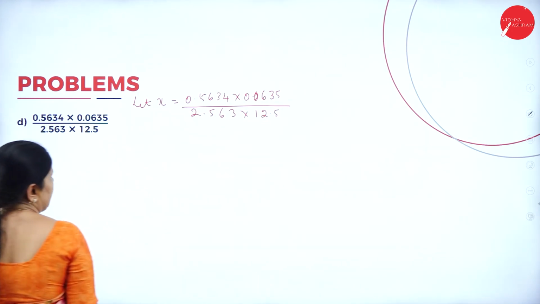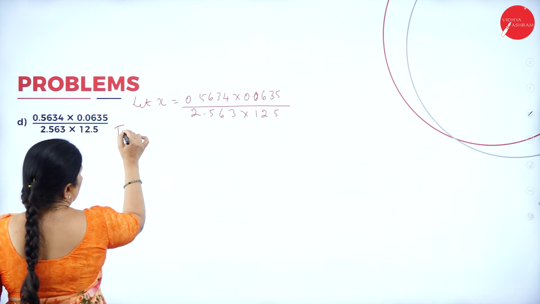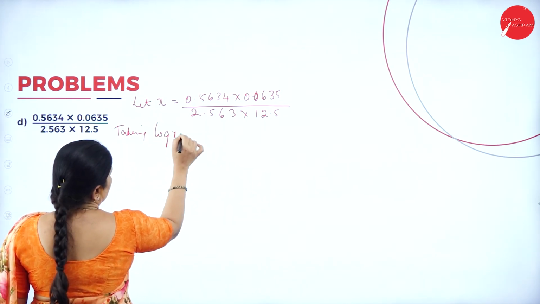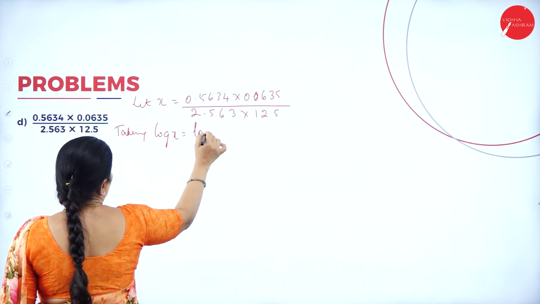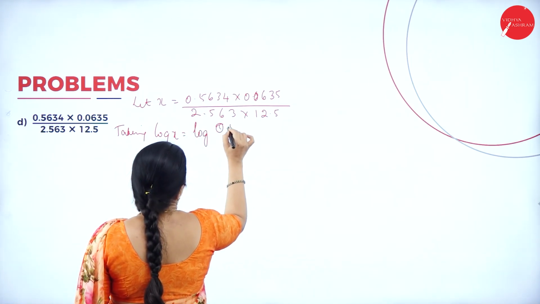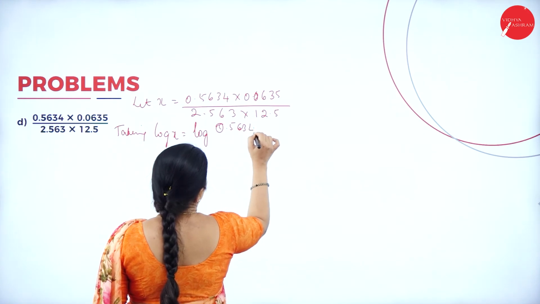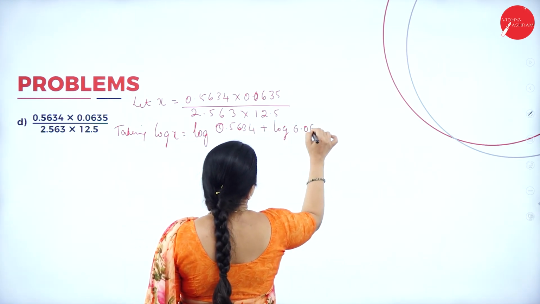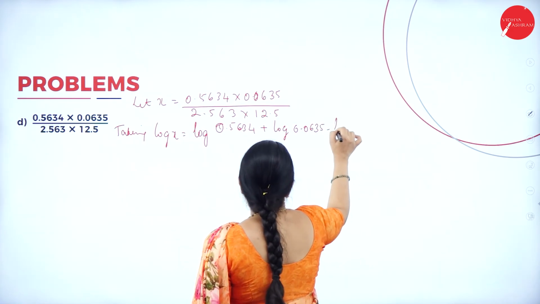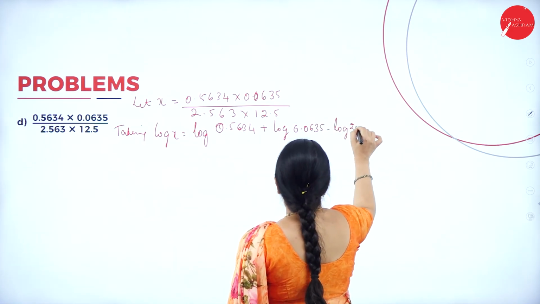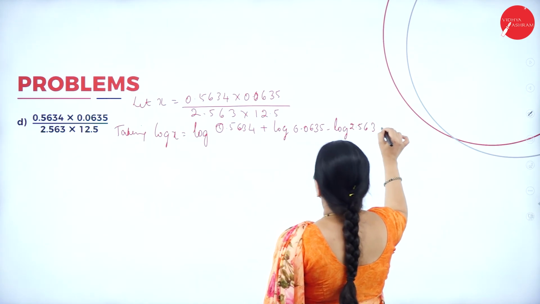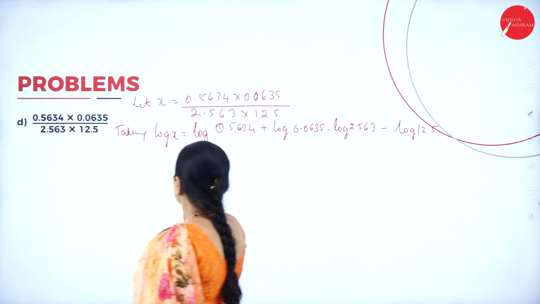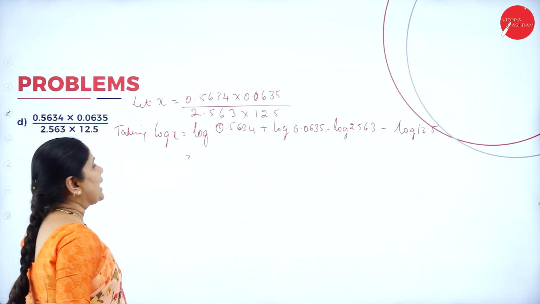Now, when I take log, log x equals log of 0.5634 plus log of 0.0635 minus log of 2.563 minus log of 12.5. So, now we have to find the log value here.